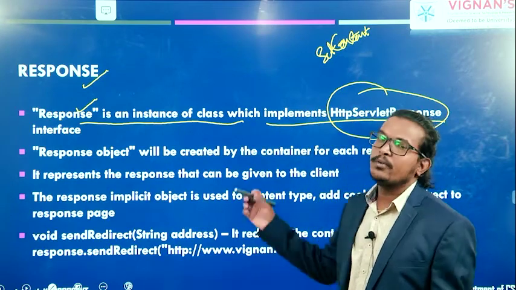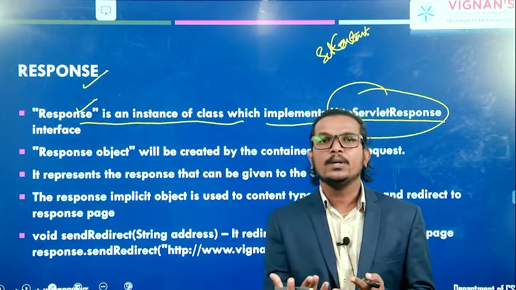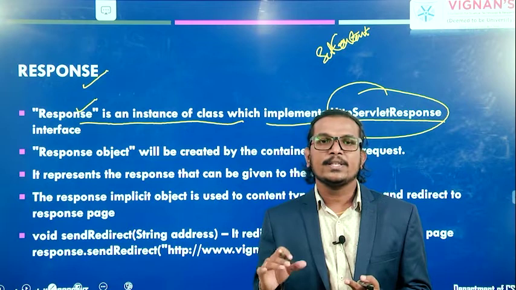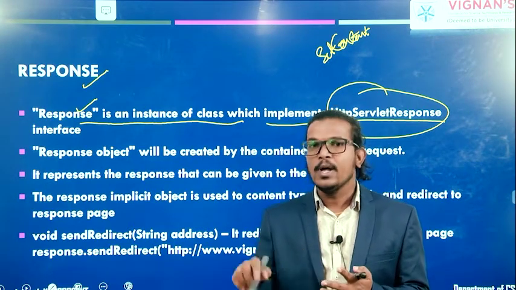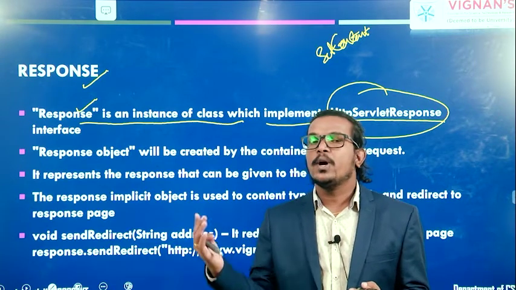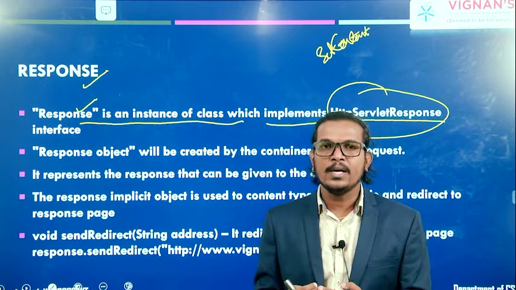Clear? For example, take the YouTube server. You search for a video, you get that video, you click on it, and that video starts streaming, right? From where are you getting that information? You are getting it from the server.